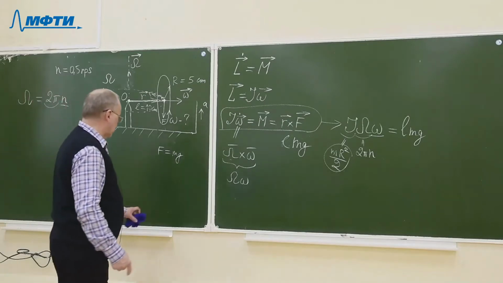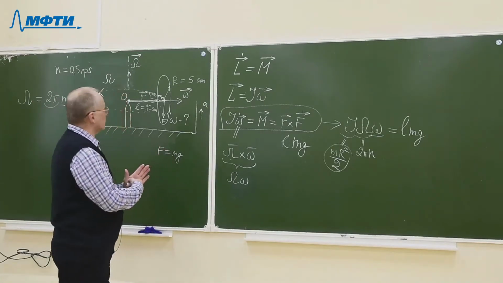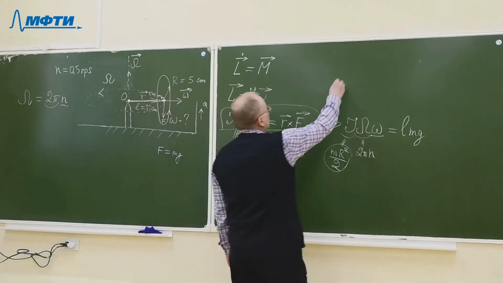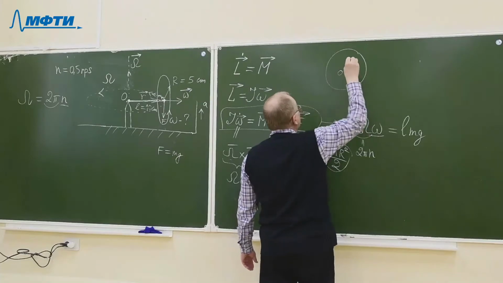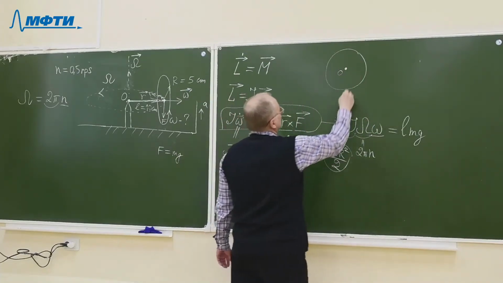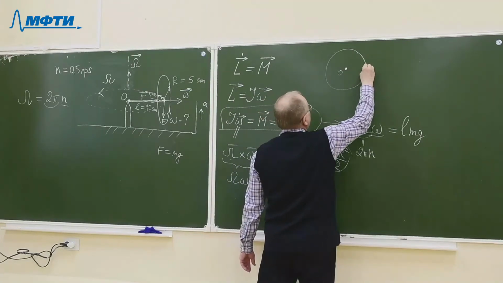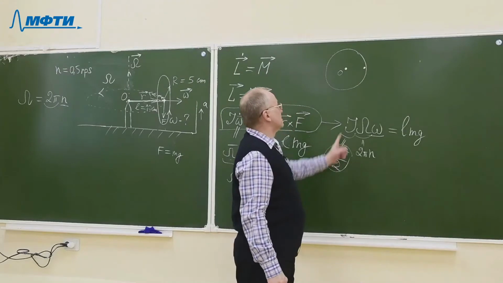There are other axes. You may calculate the moment of inertia with respect to this axis of rotation. That will be mr squared over 2. But if you calculate it about this axis of rotation, the moment of inertia will be different.